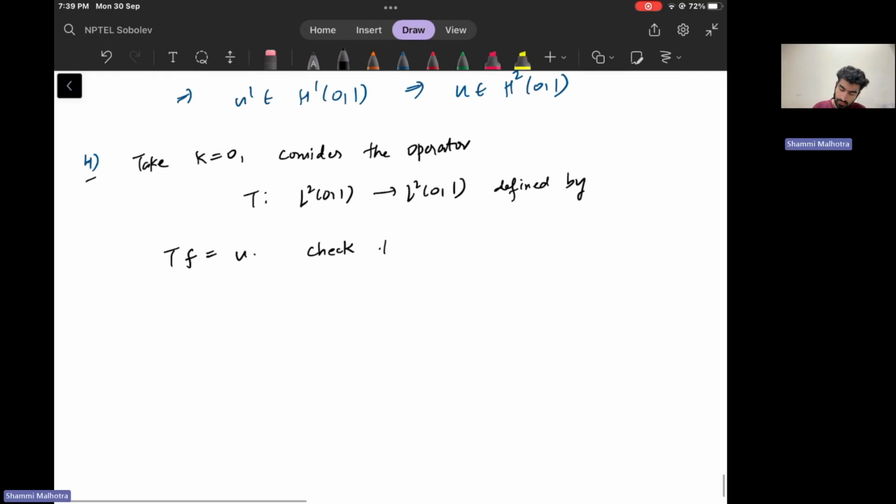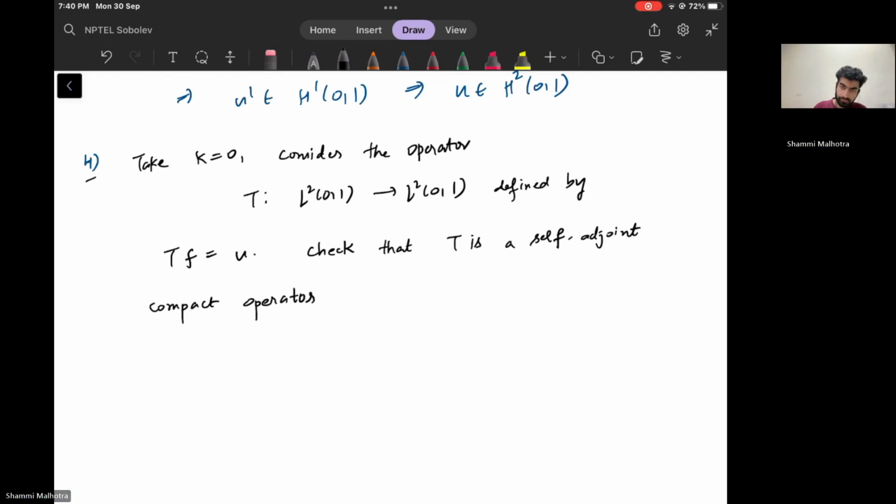Check that T is a self-adjoint compact operator. Compute the eigenvalues of T.